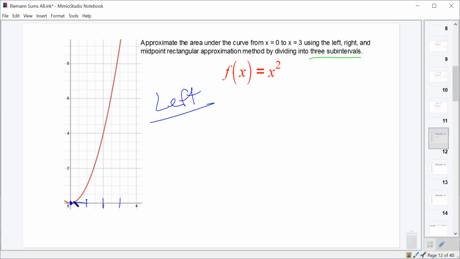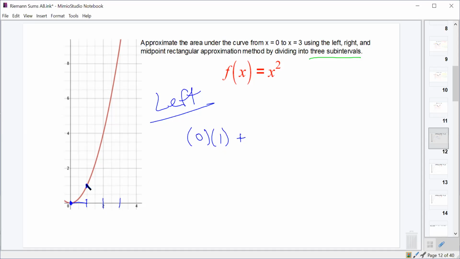Well, that rectangle that I just drew doesn't even exist, does it? The height itself is 0, and the width of it is 1. There's our first one. What about the second one? We go to the left portion of the second little subinterval and go to the height of the function there.